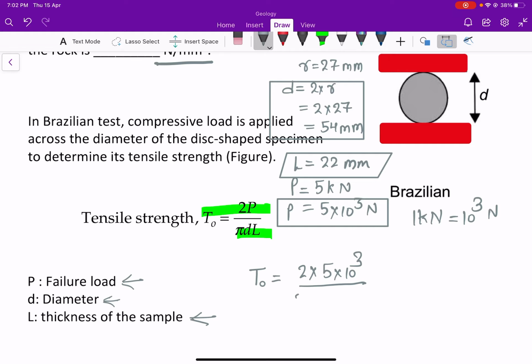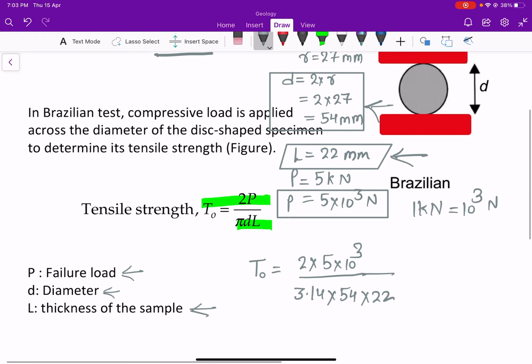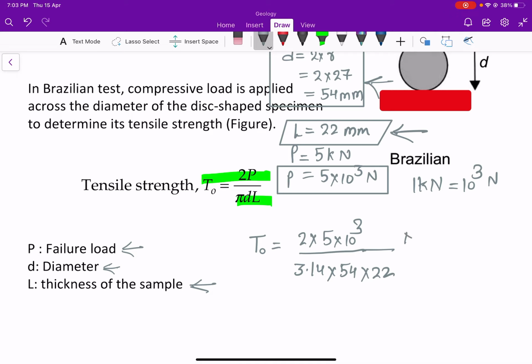The value of pi is 3.14, the value of D is 54 and the value of L is 22. We didn't convert the unit of D and L because we need the answer in Newton per millimeter square. So the numerator unit will be Newton and the denominator unit will be millimeter square.